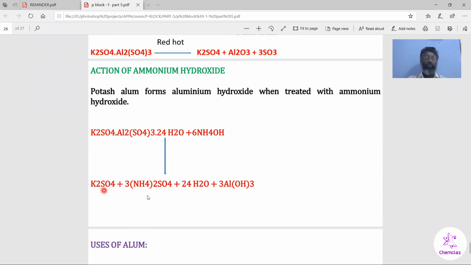It gives potassium sulfate, ammonium sulfate, water, and aluminum hydroxide. So this OH minus goes here, and this sulfate comes here. The aluminum sulfate becomes aluminum hydroxide, and ammonium hydroxide becomes ammonium sulfate. So that is reaction with ammonium hydroxide.